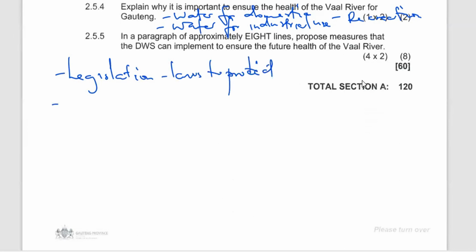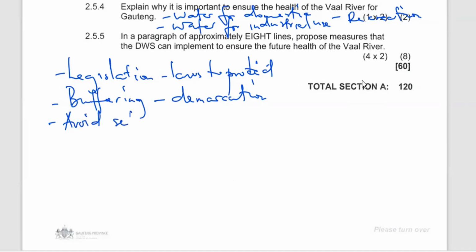Or we can talk of buffering the river, where we put demarcations to avoid negative human influence on the river, and also avoid settlements along the river.